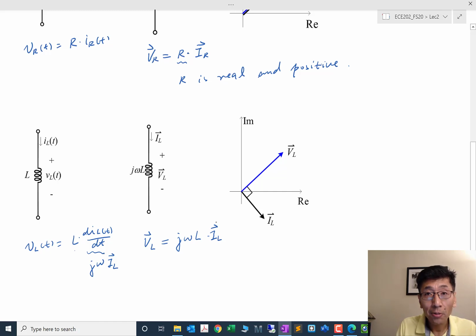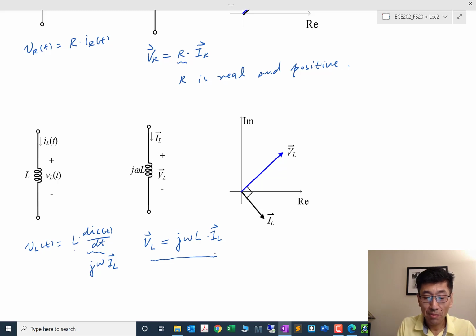You see now, the element constraint in the time domain for inductance is a differential equation, and the element constraint for the inductance in phasor form is just an algebraic equation. Isn't that beautiful? That's the power of the phasors.